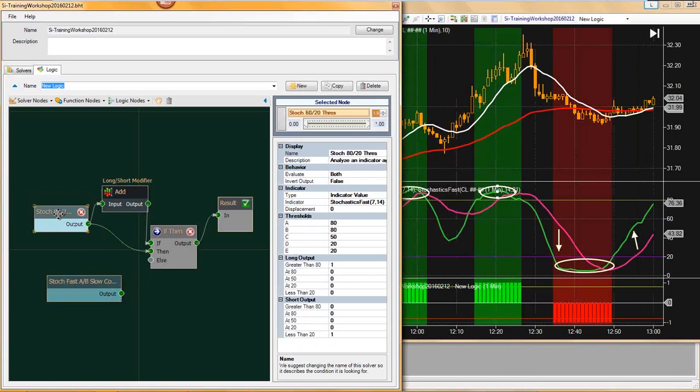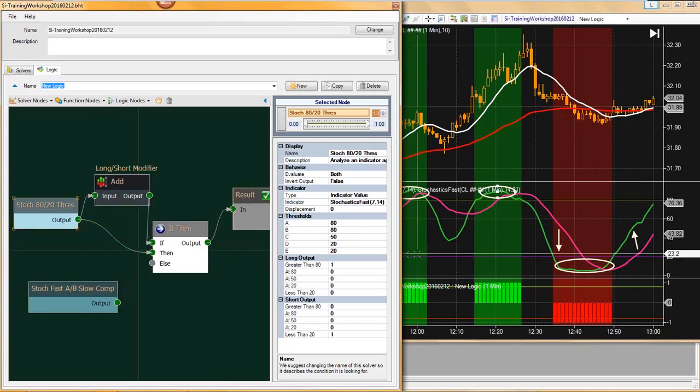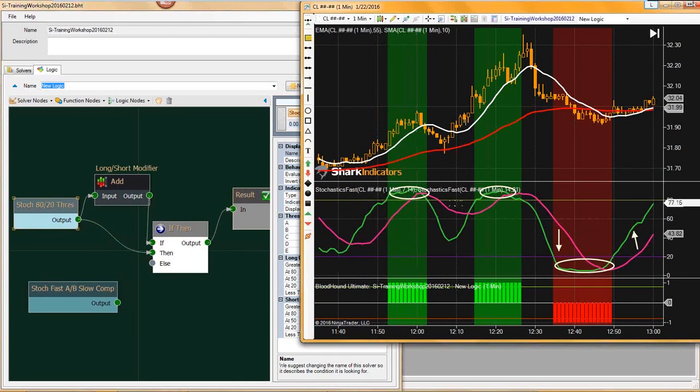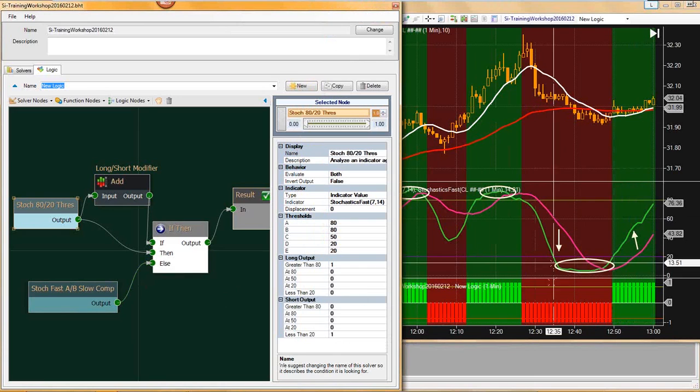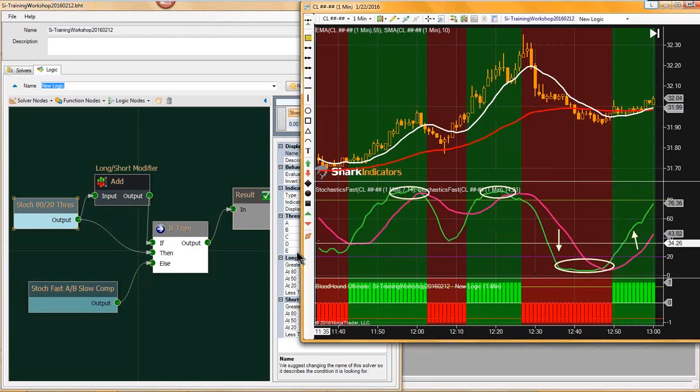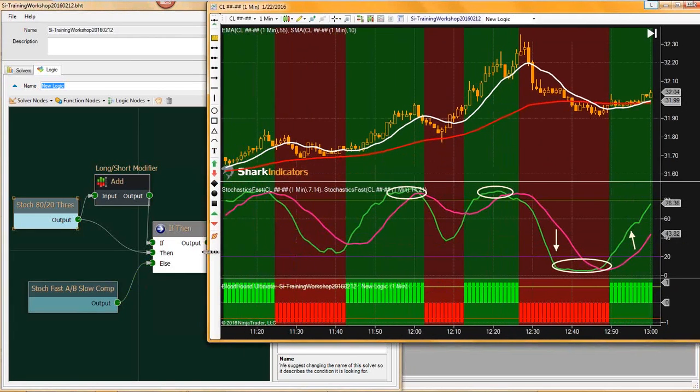So we're going to connect this condition A to the then, and it still looks good for condition A on our chart. Now let's plug in condition B, and now these are the correct results.